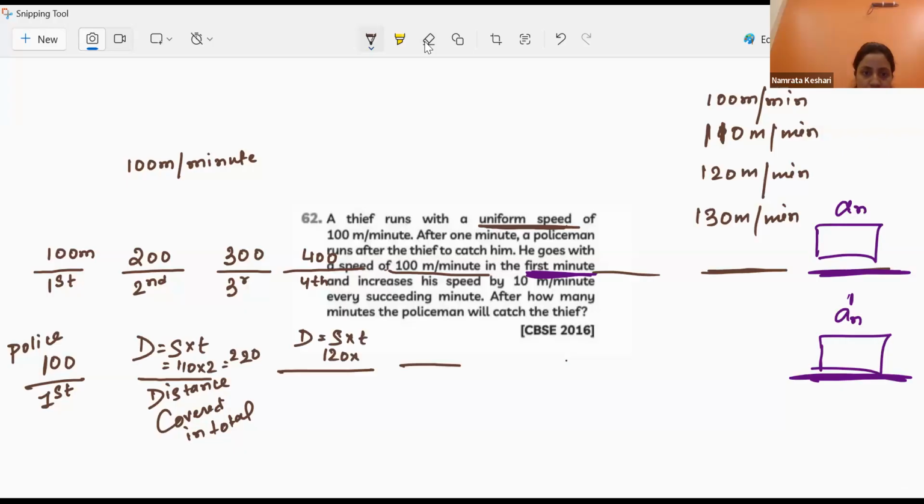Is it an AP? 100, 220, 360? Yes, Ryan and Ritvika, please check it. 220 minus 100, 120. 360 minus 220. Still not coming AP. Just a second.